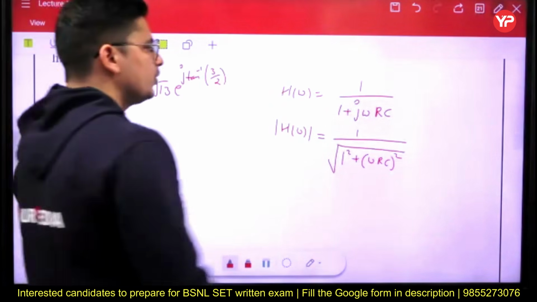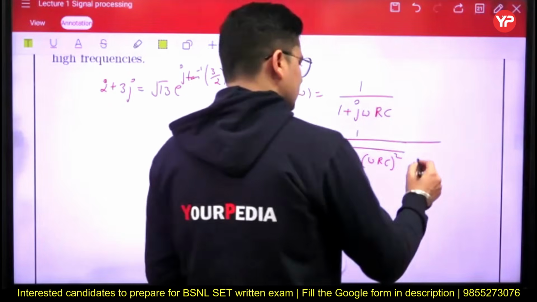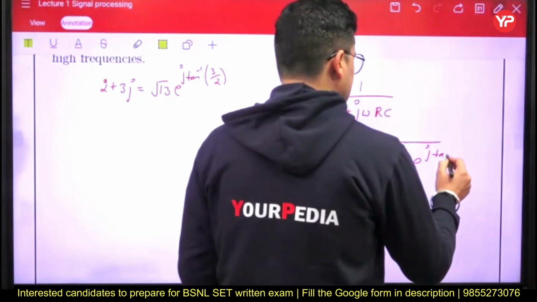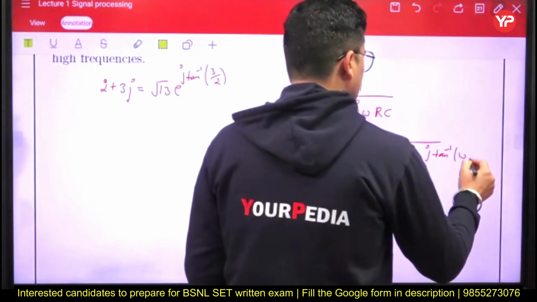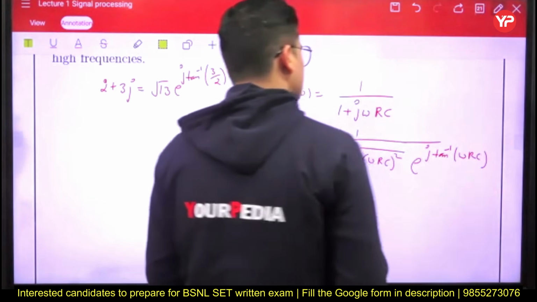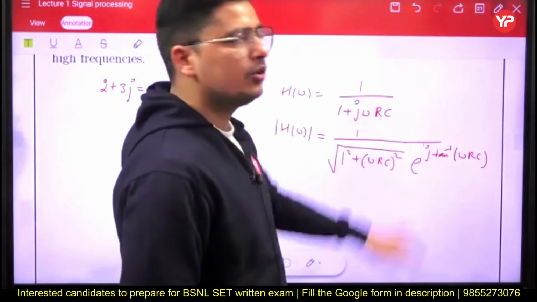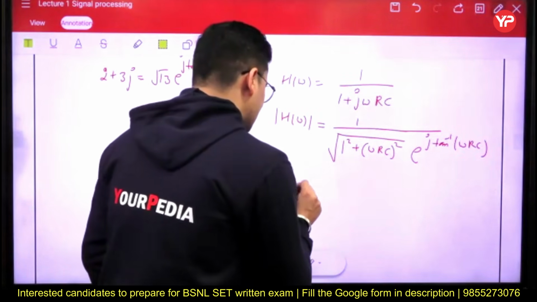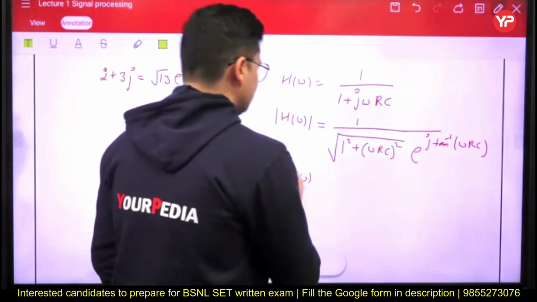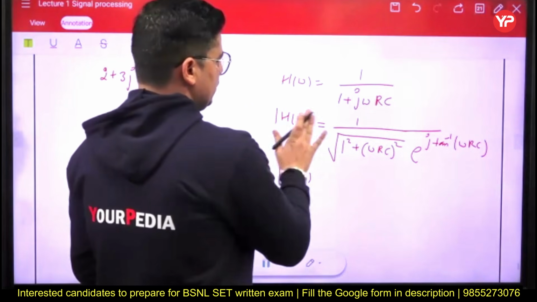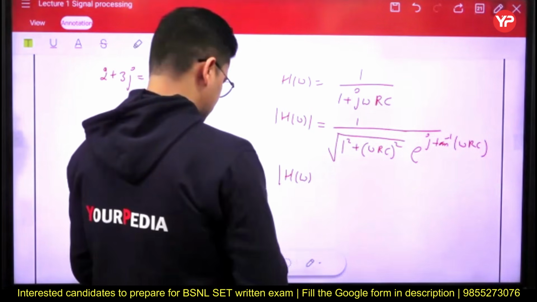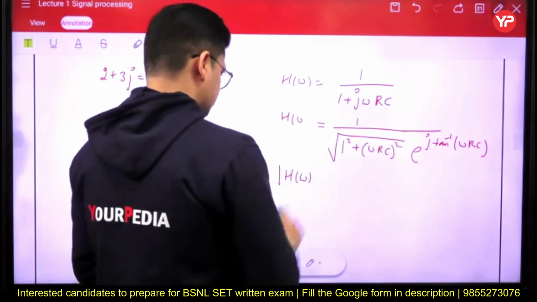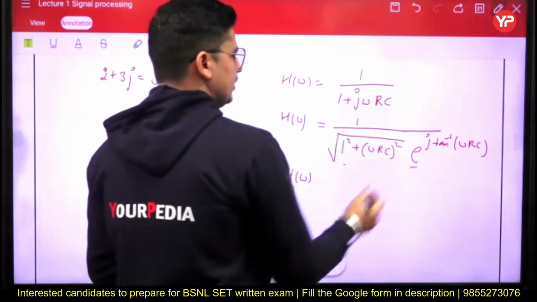And if I go for the phase angle, it can be written as minus j tan inverse of omega rc divided by 1. So when you take this in the numerator, I am writing the complete h of omega here, because we cover the phase as well as the magnitude.